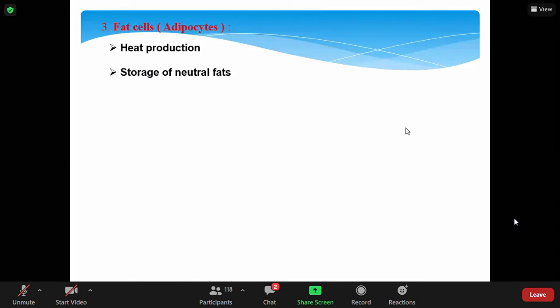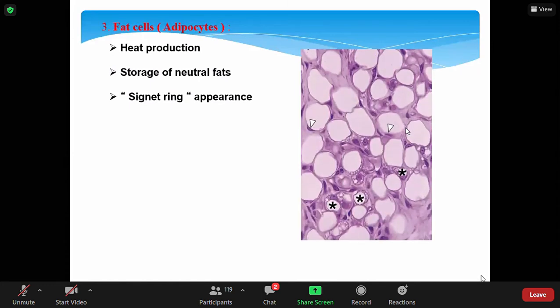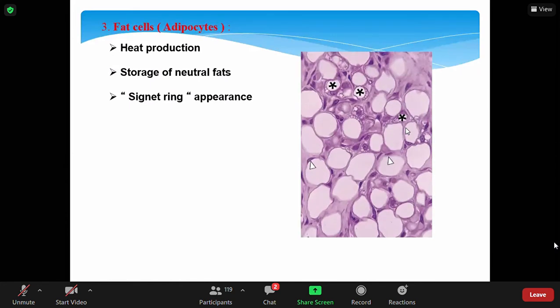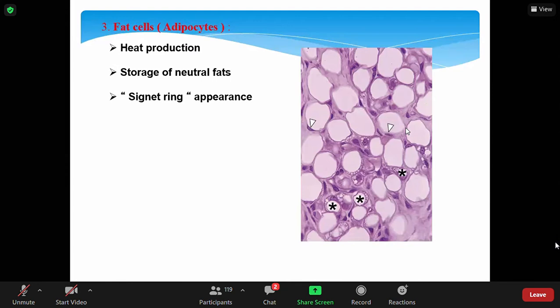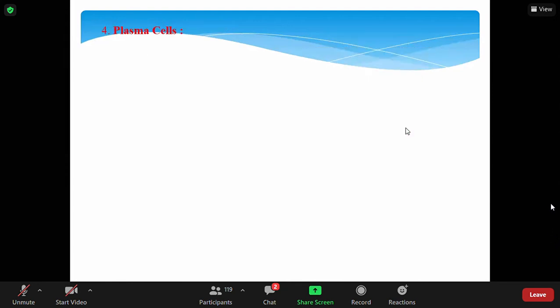Okay, storage of the neutral fats. There you are. Okay, so the appearance is signet ring appearance. Okay, plasma cells are infrequent, but they're usually seen in areas of inflammation.